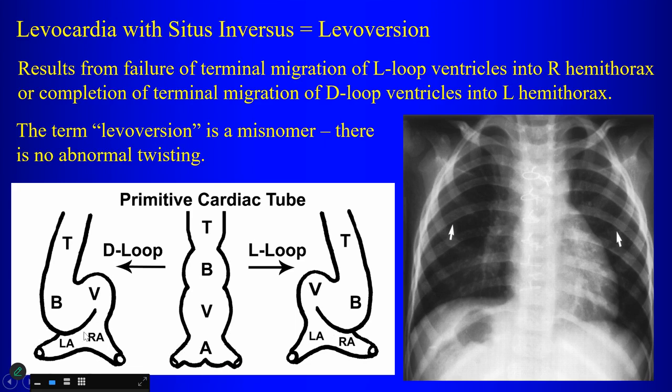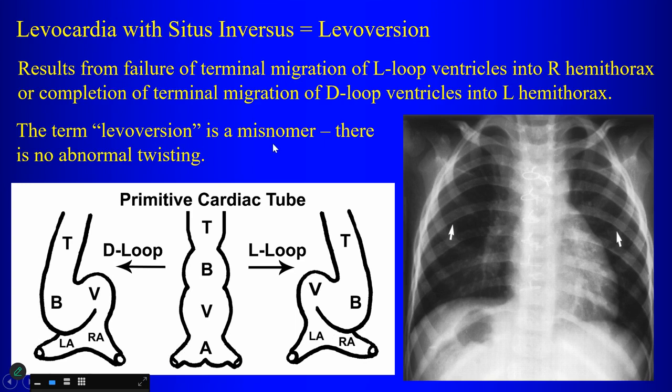So in this case of situs inversus, this migrated to the other side, and now the apex has wound up on the left side here, but it's not where we'd expect it to be based on the situs of the abdomen, right? So when we have situs inversus and levocardia, that's levoversion. That usually is associated with severe congenital heart disease.